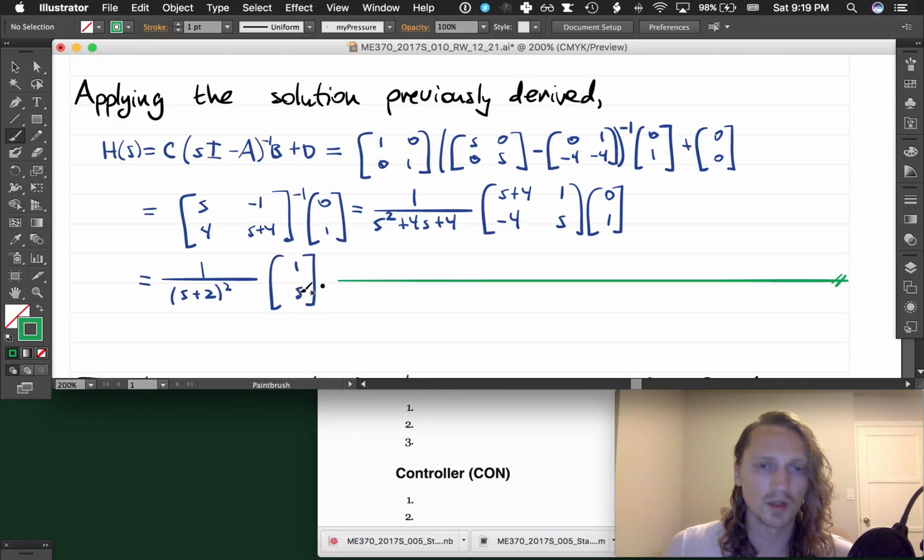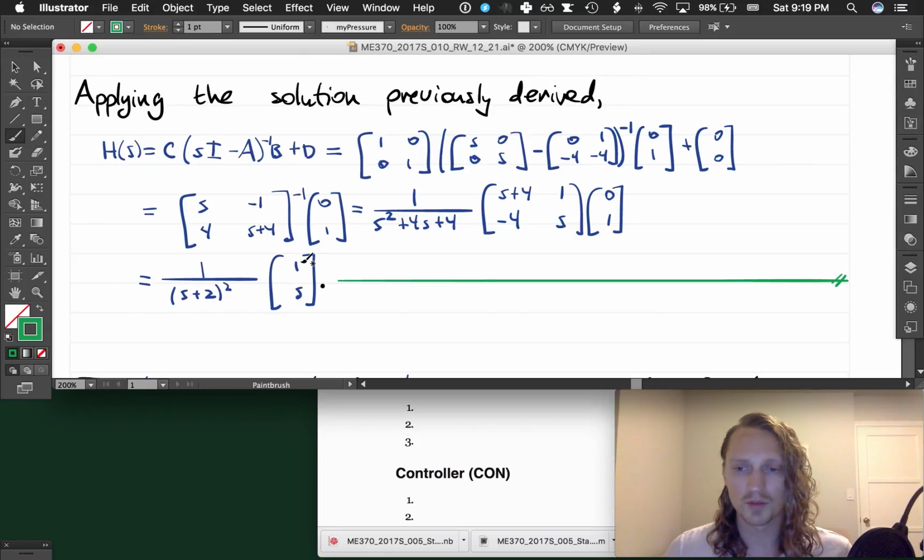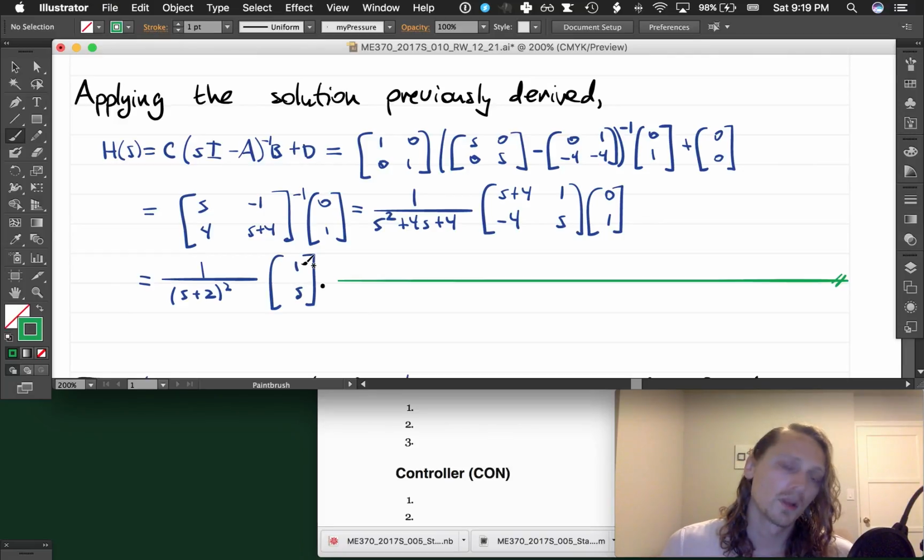So each term here is descriptive of a scalar transfer function between the one input that we have and the output that is associated with that term. The transfer function 1 over s plus 2 squared takes input u to output y1.